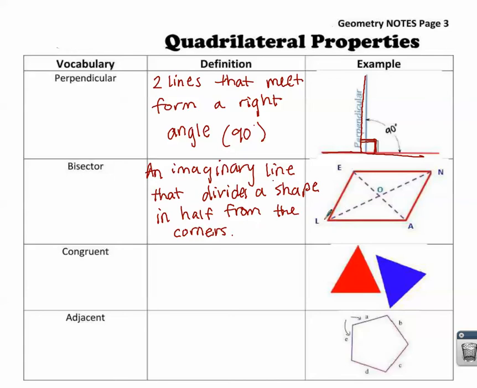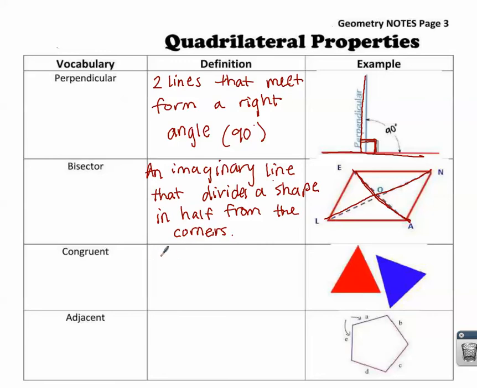So as you can see here, from corner to corner, diagonally, it is cutting the shape. Cuts it in half this way, and then this imaginary line cuts it in half this way.